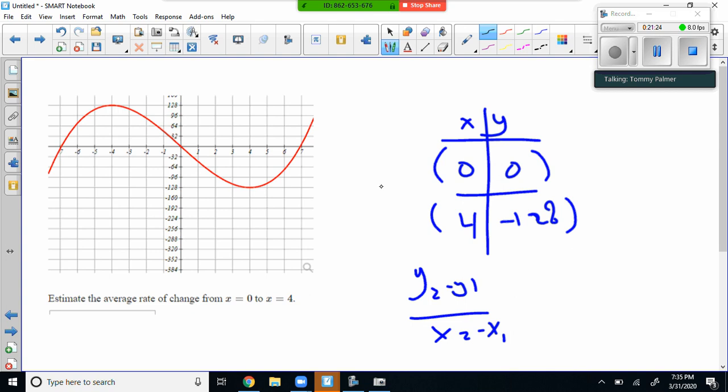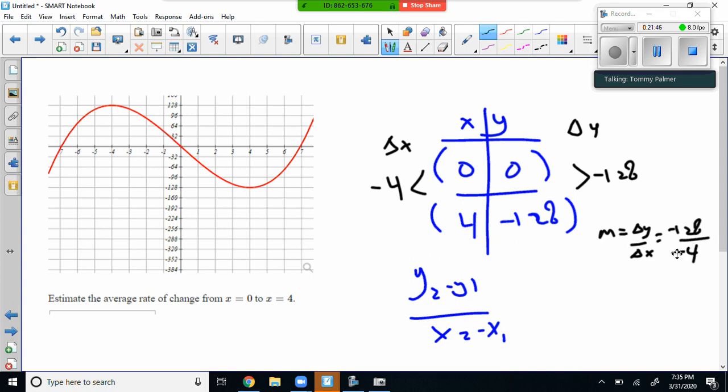Or, I know that this is changing x and this is changing y. From 0 to 4, it's going down by 4. From this one, it's going down to negative 128. So slope would be changing y over changing x, which is negative 128 over negative 4.